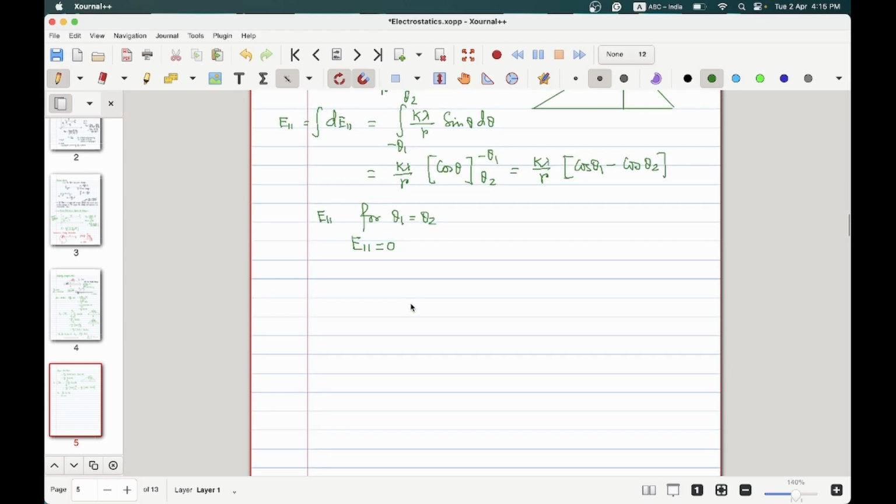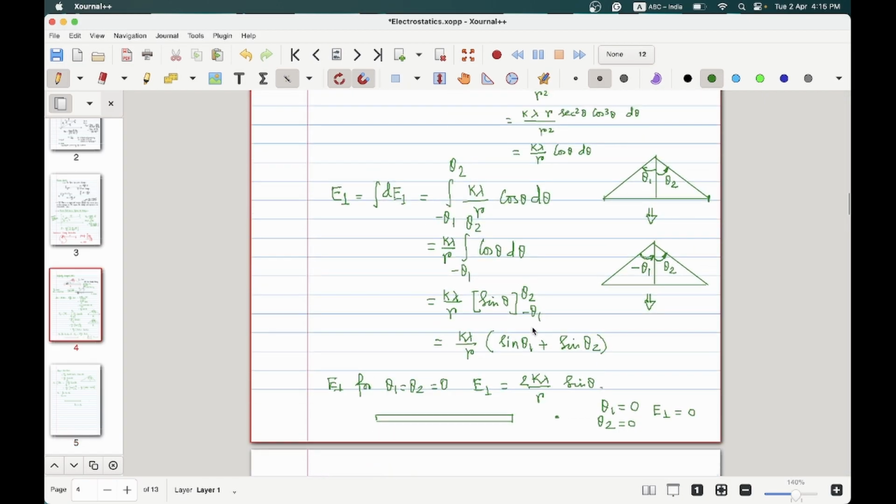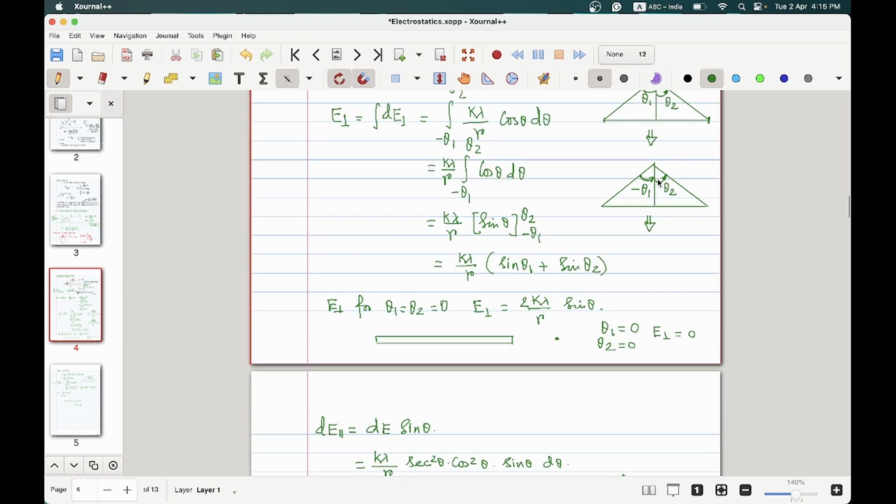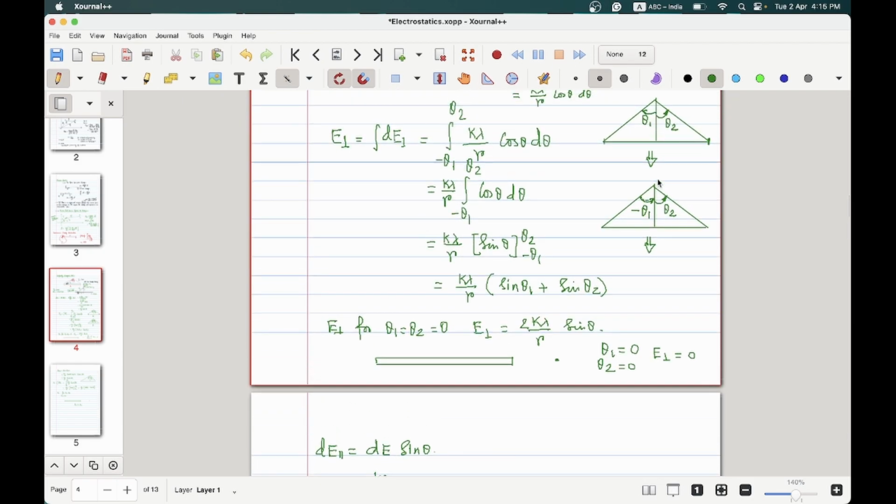Now for this one, at an equatorial point, here theta 1 equals 0 and theta 2 is not equal to 0. What should be the value of theta 2 here? Yes, that should be 180.